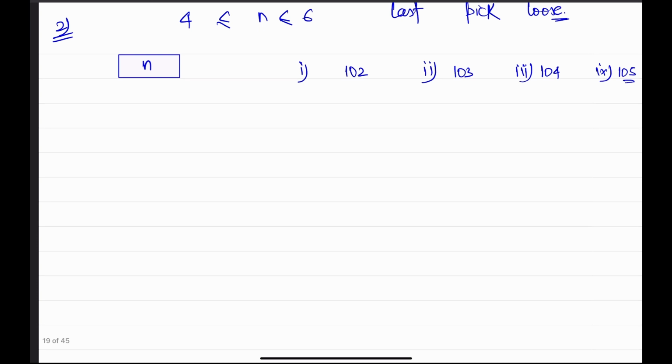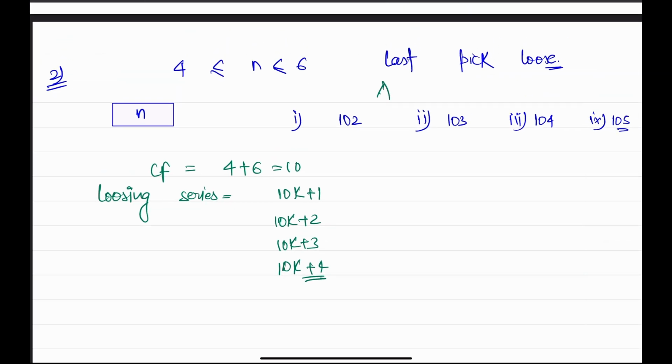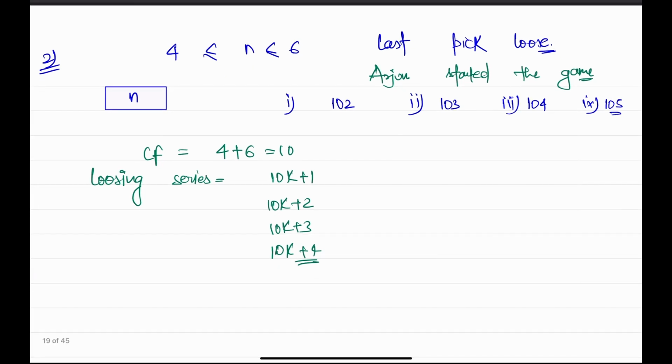First things first, again the same thing. First step, CF is 4 plus 6, that is 10, and the losing series is nothing but 10k plus 1, 10k plus 2, 10k plus 3, 10k plus 4. And in the question it is also given that Arjun started the game. So let's try to understand what this means.